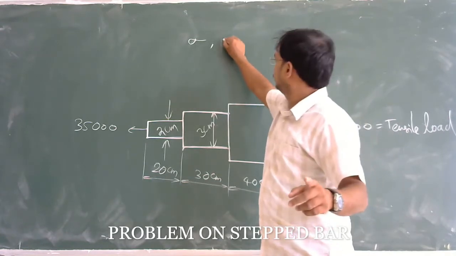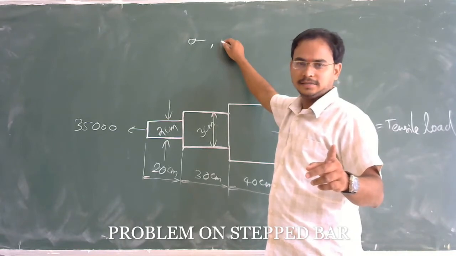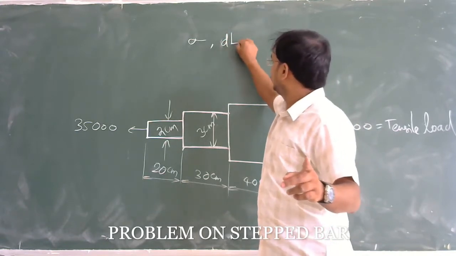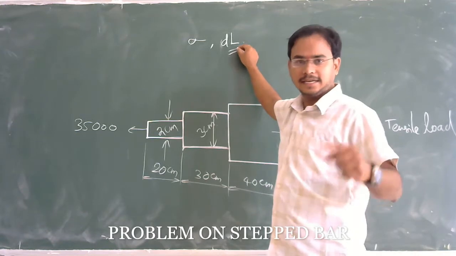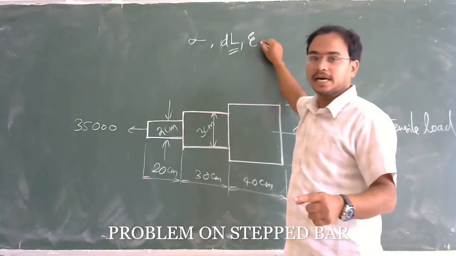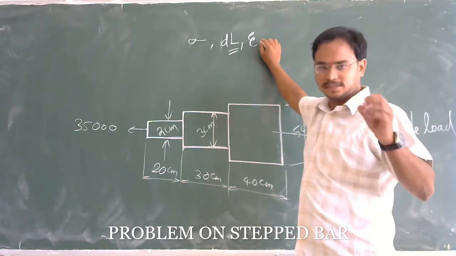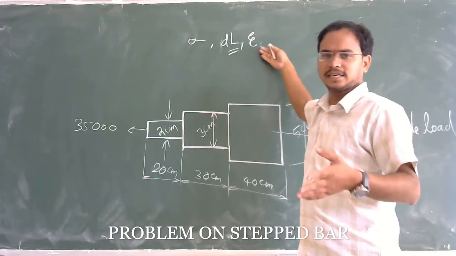Overall change in length he is asking, right? So that is dL. For dL, the overall change in length, you need to find epsilon, strain. In all the cases, you should find out strains, because it is as per the derivation. There is no derivation, just understanding the term, that's it.